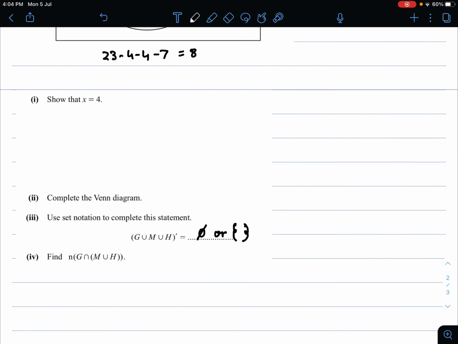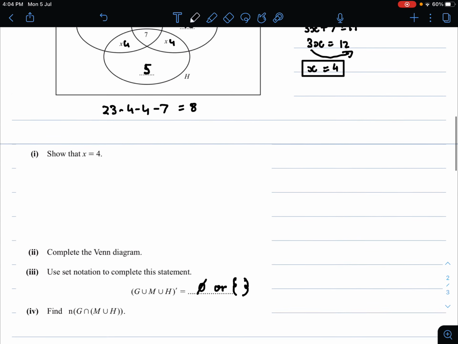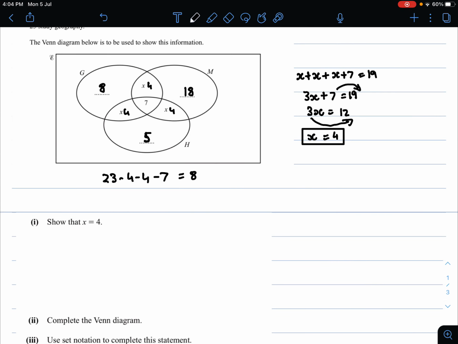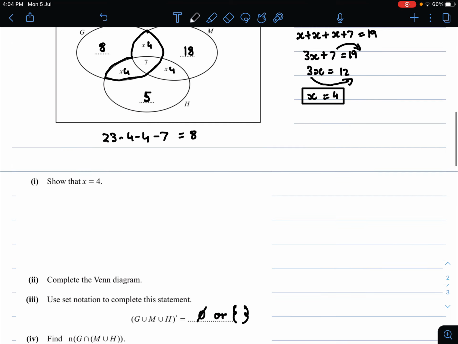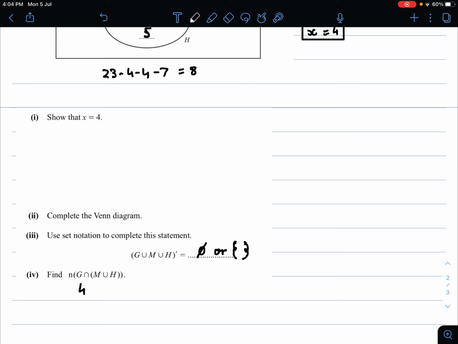So M union H intersection G, meaning the common parts between the two circles and G. So that would clearly indicate this portion of the Venn diagram. So that would be 4 plus 4 plus 7. So 4 plus 4 is 8 and 8 plus 7 is 15. Therefore 15 being your final answer for part C4.